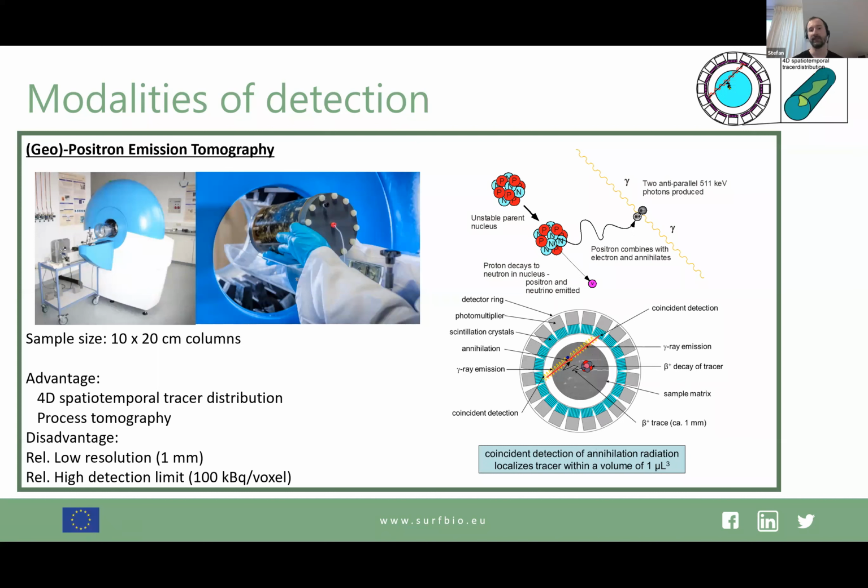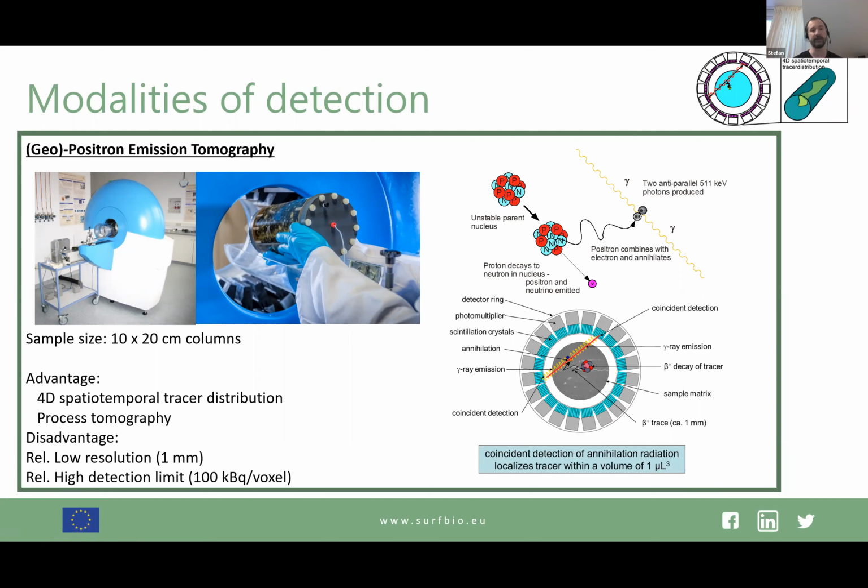Due to the traveling time and due to the dimension of these detector crystals, which you cannot make extremely small, this method will detect your tracer within a volume of about 1 microliter.